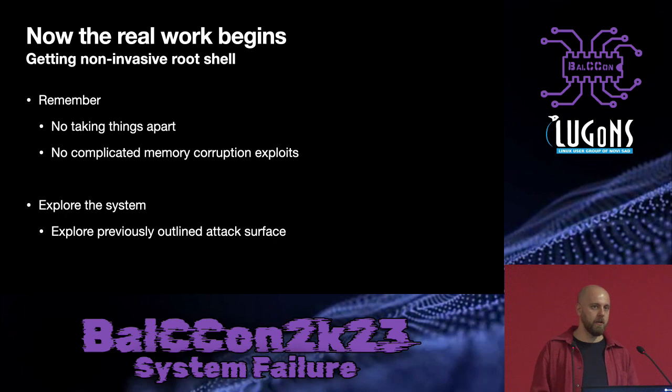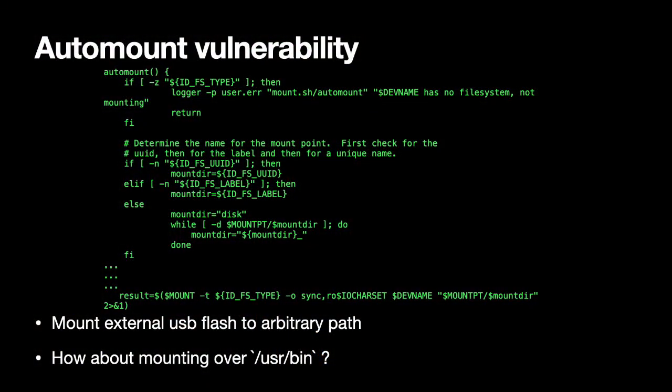I quickly figured out a bunch of scripts that run every time something happens in the system, and I was looking at those that would be triggered by something that's external to the car. I quickly zeroed in on a very, very simple vulnerability in the way auto-mounting of file systems works on this platform.